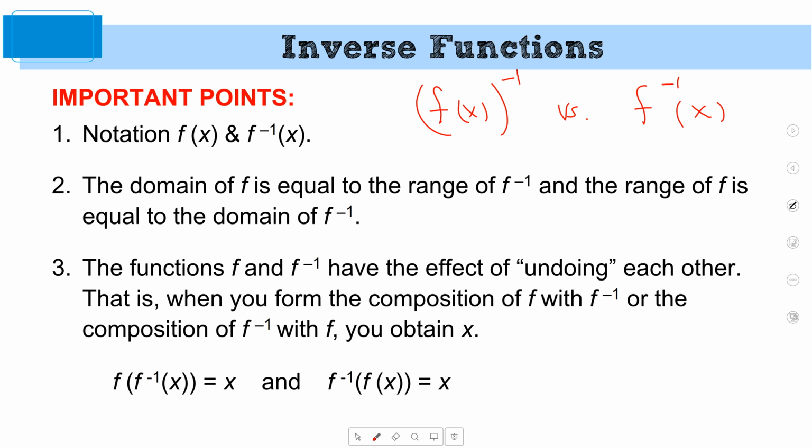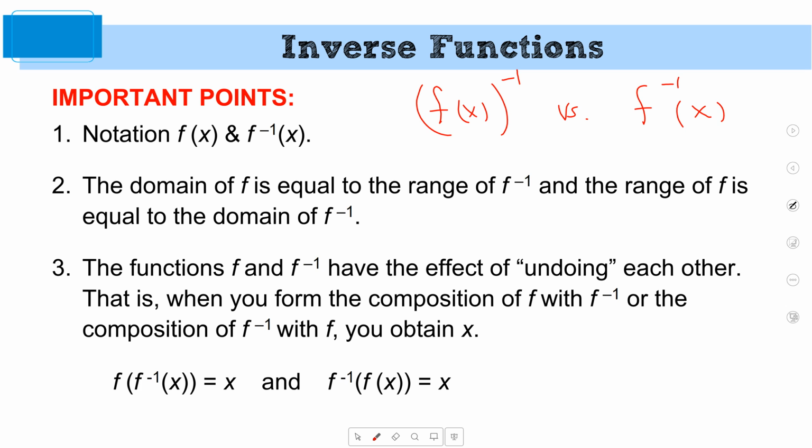Okay, that's okay too. The one on the right is an inverse function. That is the inverse of the function f. The one on the left is a function raised to the -1 power, also known as the reciprocal function. So if I want you to take a function and flip it over, I'll put the whole thing in parentheses and put a -1 up in the exponent. We're going to be dealing with inverse functions, which have that -1 where it belongs.